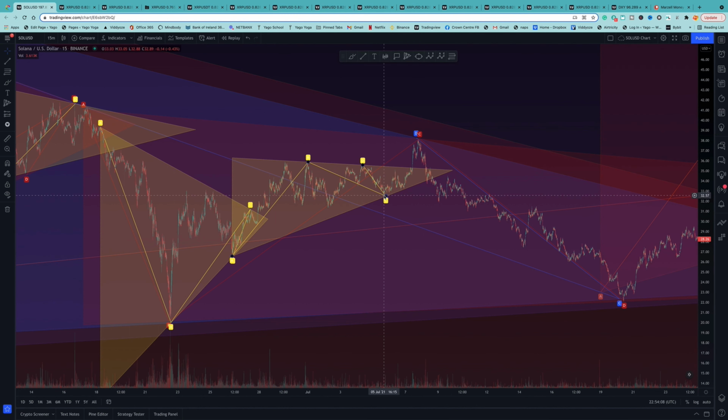So now I measure this, I go for a long from here to there, and it's a sweet little one, but what I'm really looking for is to catch the short from here to there. So now here's a bottom, here's a top, there's a bottom, and then let's say there's a top there, and I'll bring this down like this.